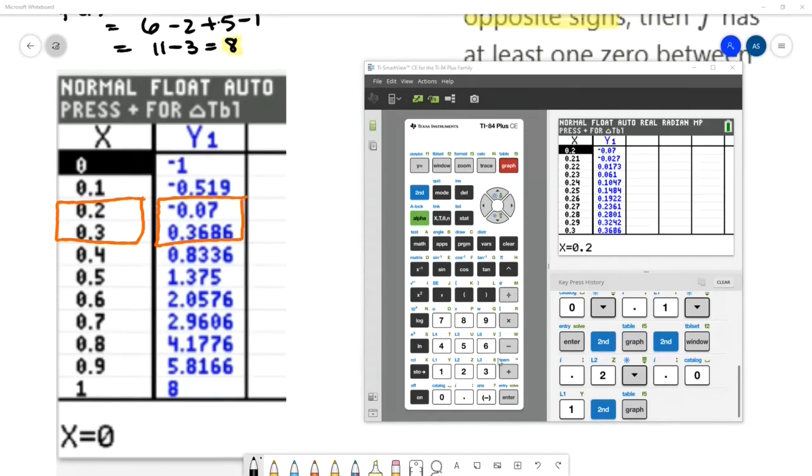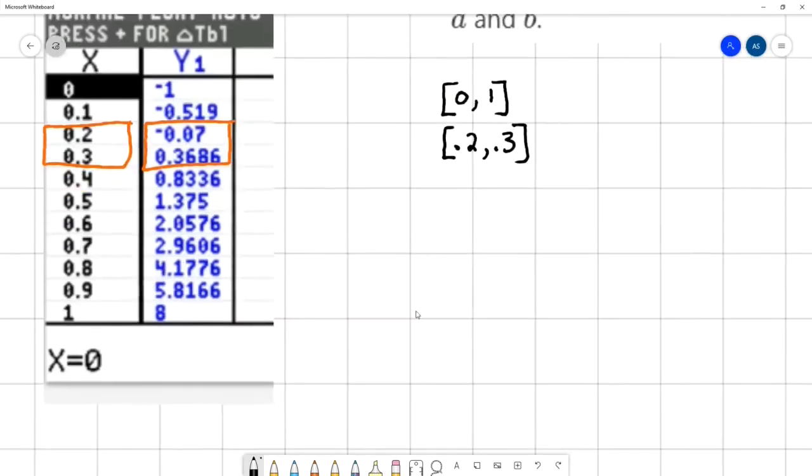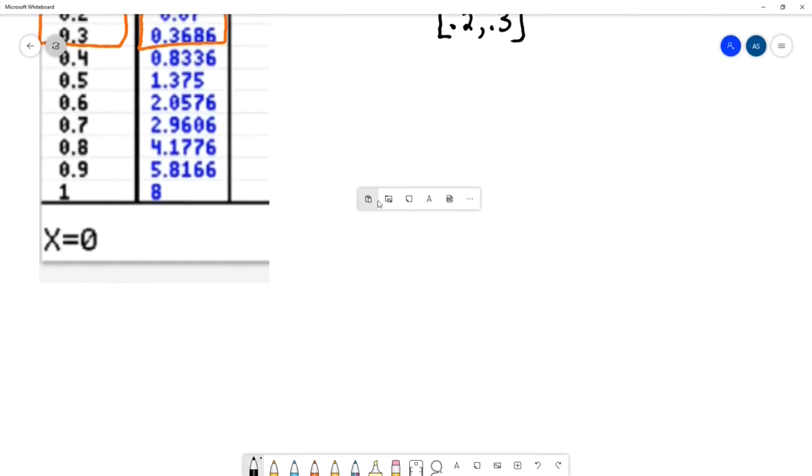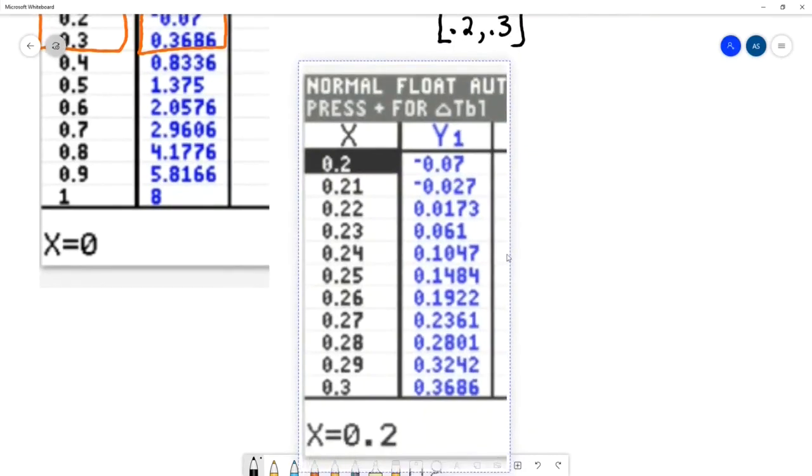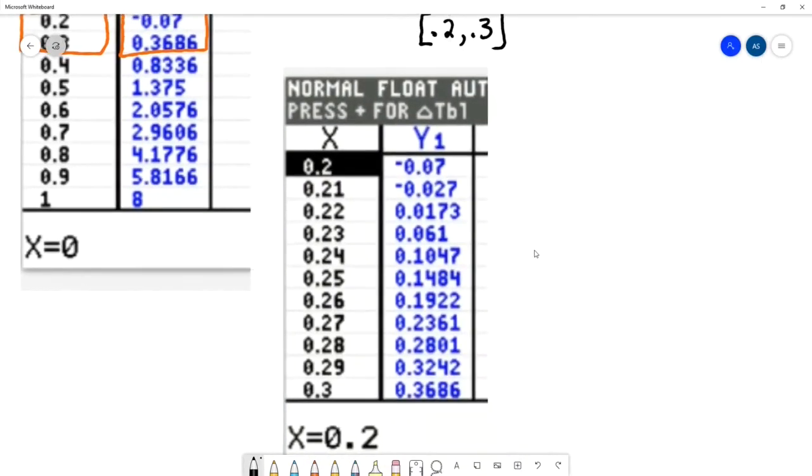And let's get a screenshot of this. Okay, so I got that screenshot. And I'm using that intermediate value theorem again, looking for opposite signs.